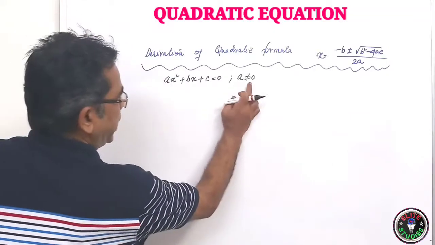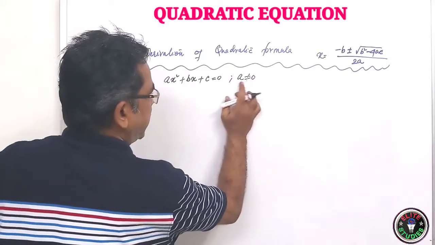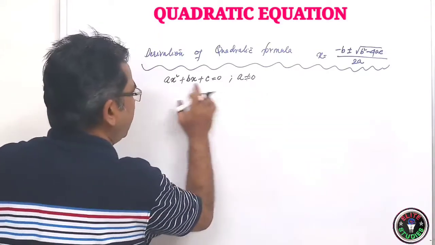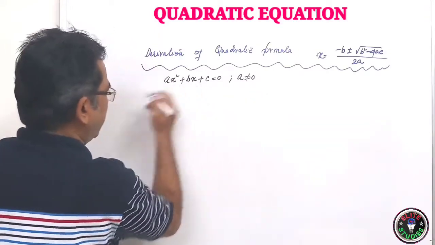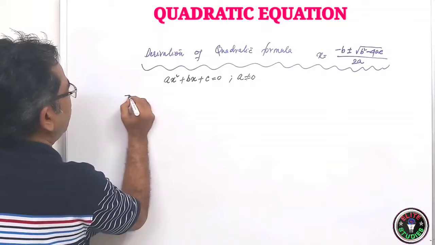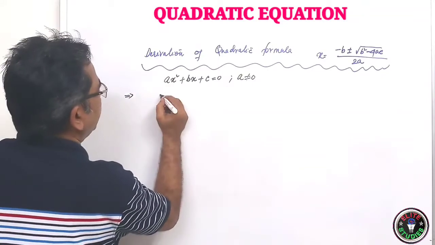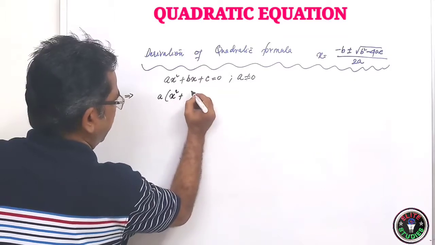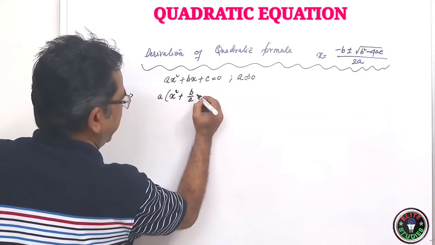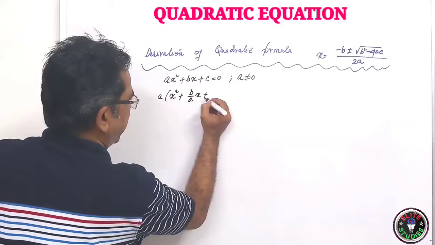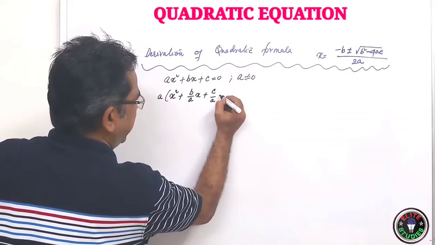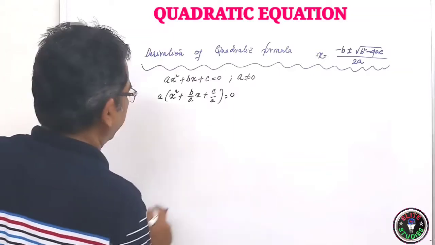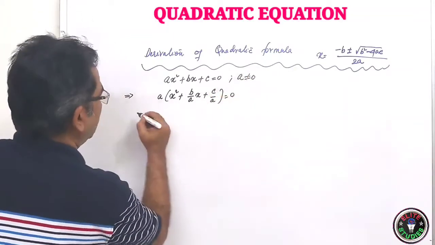Now you see, a is not equal to 0. This is very important, as I have told you earlier. Since a is not equal to 0, we can divide both sides of the equation by a. First of all, you take a common. So if you take a common, it will be x square plus b by a x plus c by a is equal to 0.